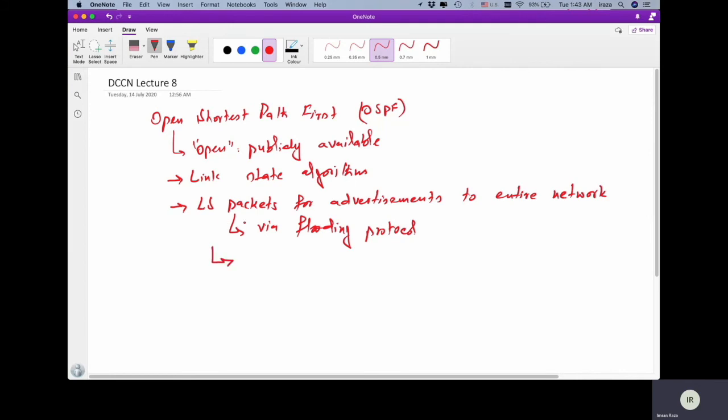So these advertisements are carried in OSPF messages directly over IP rather than TCP or UDP.